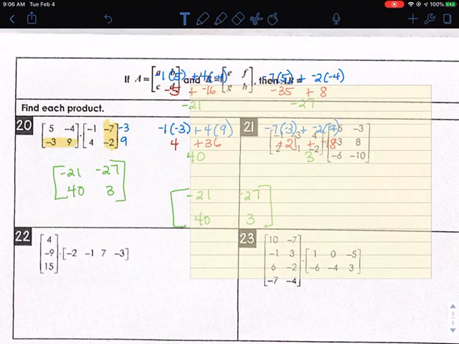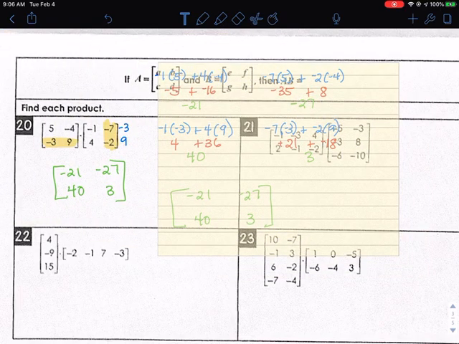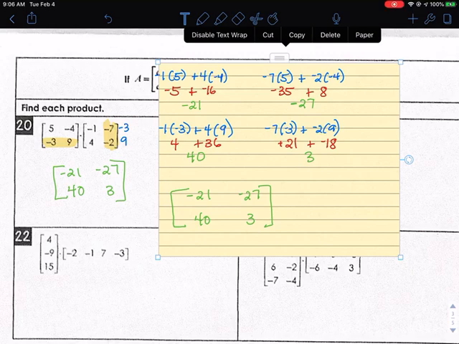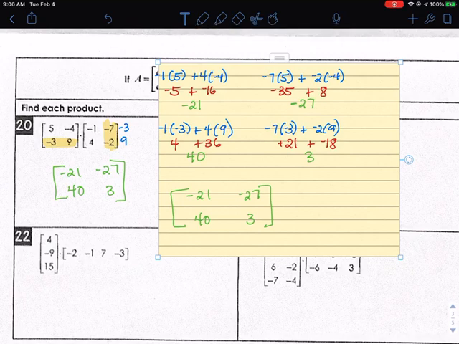Let's try again. Well, I don't know how to move all of that, so I'm going to leave it for just a second while you copy it. Make sure you've got it all.